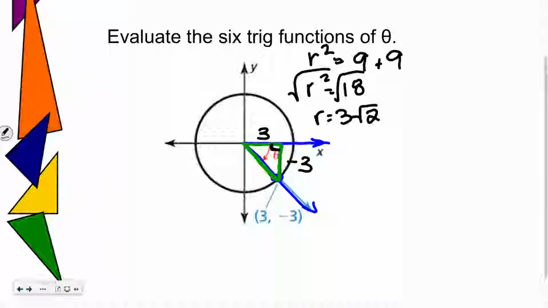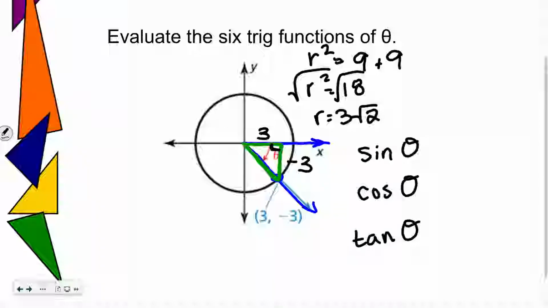And now if I ask you to do the 6 trig functions, I'm going to put my 3 basic ones up here. What would you say for sine? 3 over 3 square root. Well, what is sine normally in the ratios?